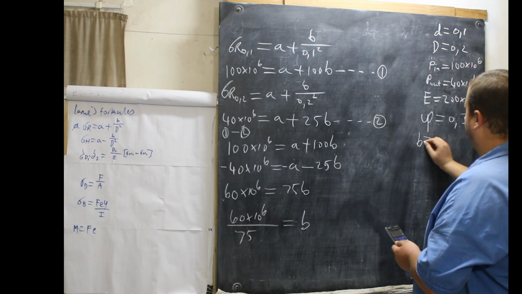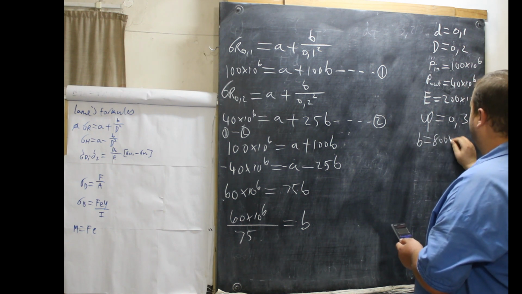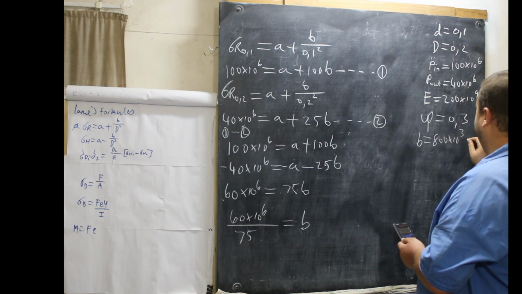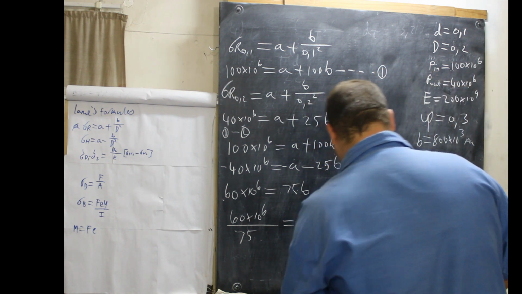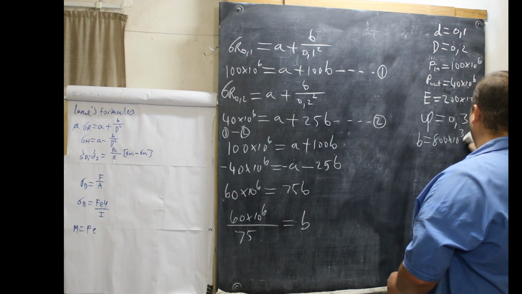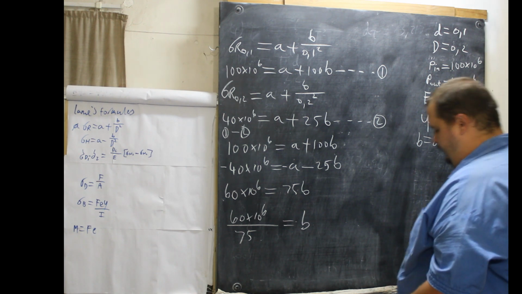So B equals 800 times 10 to the 3 pascals. Well, it's just a number. In this case, it's just a number. It's not in pascals, it's not in anything.